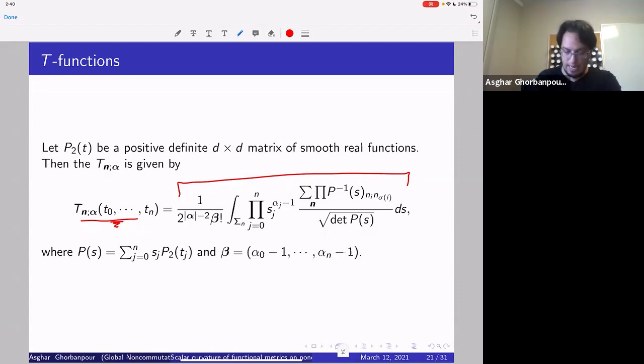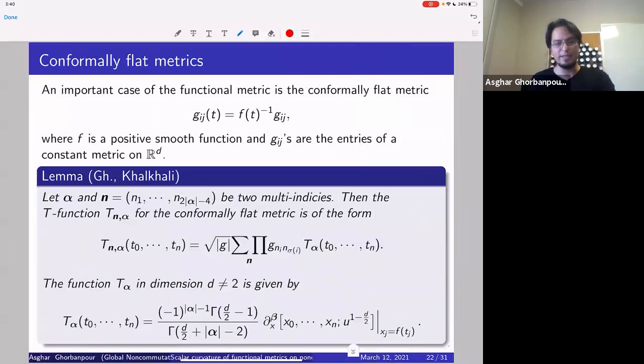Okay, and then we want to handle the cases that were done before. Yes, this is the conformally flat metric that was done. So in the conformally flat metric, all the entries of the metric are constant multiples of one function.